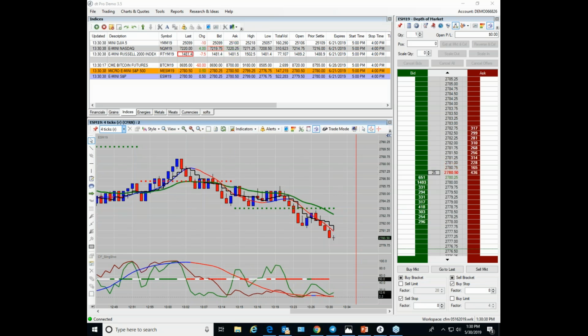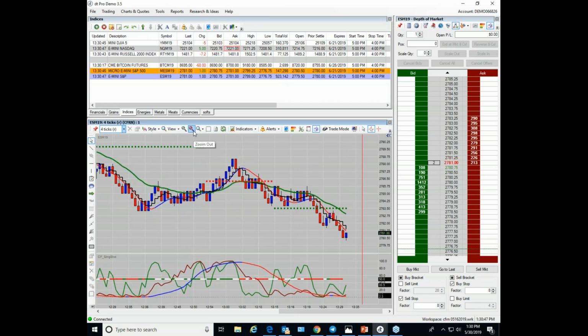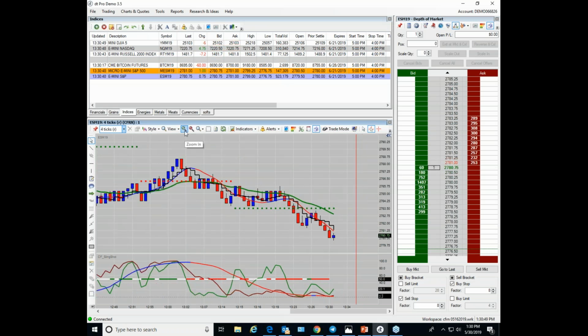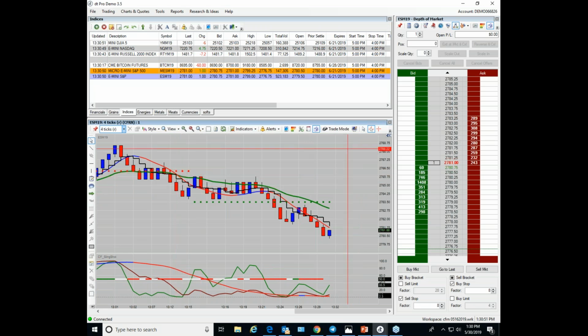Now, here's the other thing I want you to get in the habit of doing. The first habit was hit the zoom out button. The second habit is this: as soon as you get this cross, whether it's a bullish or bearish cross, you are to activate the trend line. Right there, you have DtPro, that's what you should be doing.